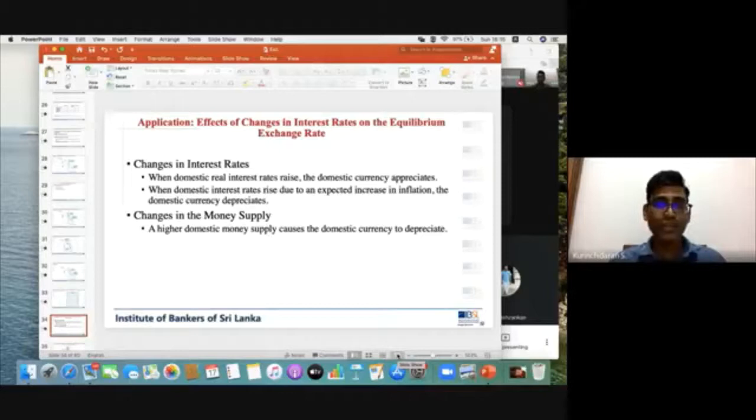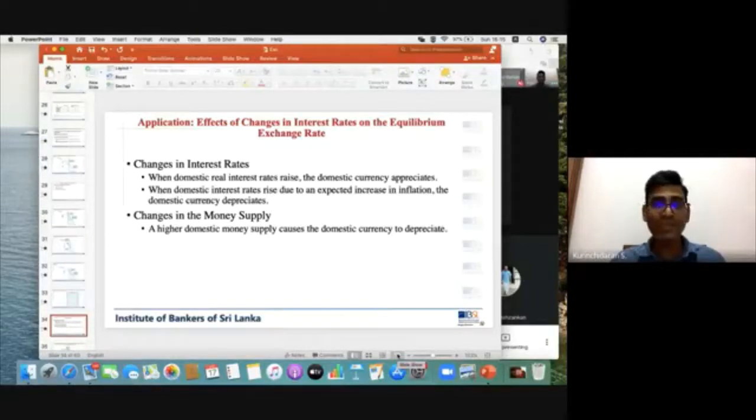Okay, so when the real interest rate increases, that means we are going to get more return. So then what will happen to the domestic currency, the US dollar? That will appreciate. But when the domestic interest rate rises due to an expected increase in inflation, not actually a real interest rate rise, then what will happen?